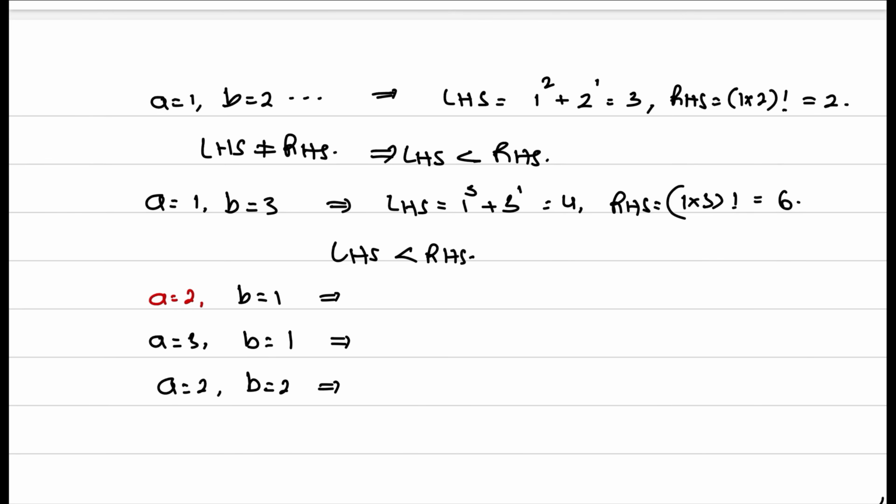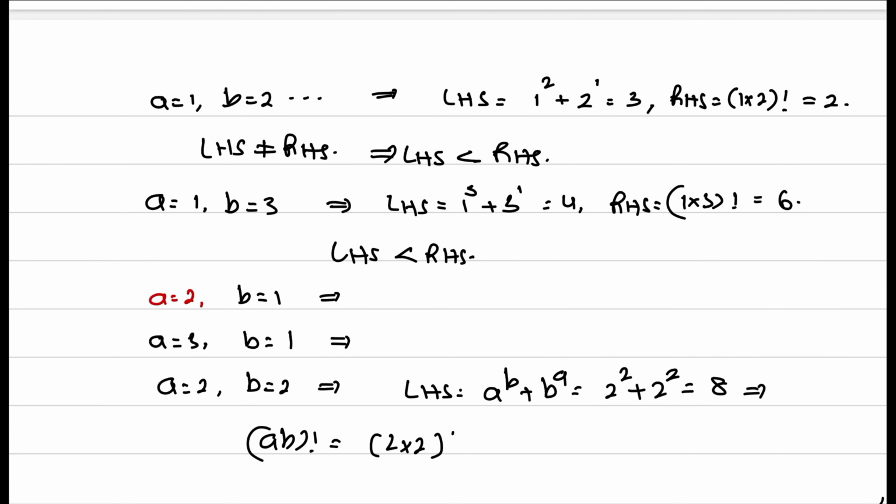That also implies left hand side is equal to a to the power of b plus b to the power of a is equal to 2 square plus 2 square, that is equal to 8, and ab factorial is equal to 2 into 2 factorial, that is equal to 1 into 2 into 3 into 4, that is 24.